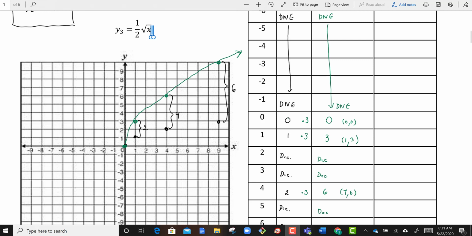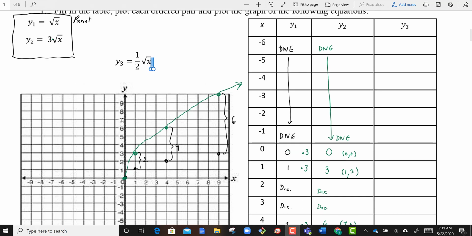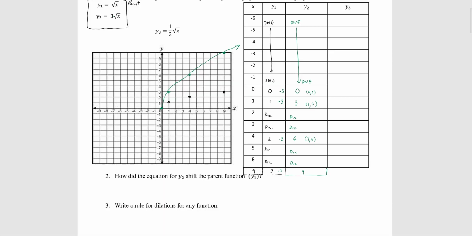So where a lot of people mess up is they say this is a vertical shift, and that's just not the case. This is a dilation. So we have dilated all of the original y coordinates by 3, thus stretching out the original parent function graph.